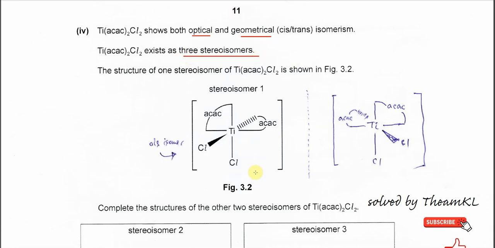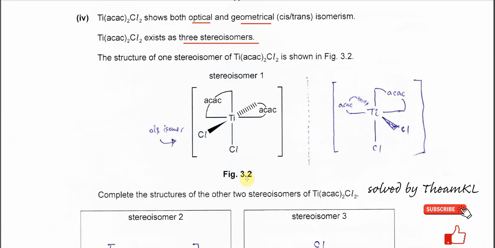Now in figure 3.2, one isomer is already given, which is a cis isomer. How do we know it's cis? We look at the monodentate ligand, the chloride. So these chlorides are at the same side, meaning the Cl-Ti-Cl bond angle is 90. So we know that this one is a cis isomer.